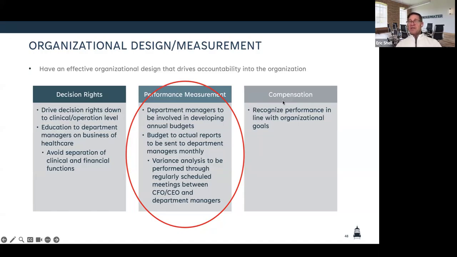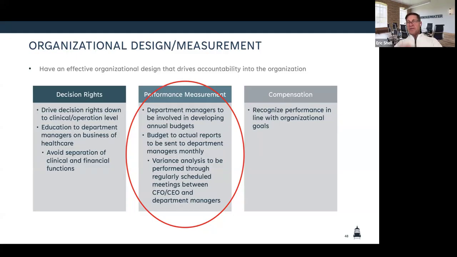One, in terms of compensation, we have to create a compensation system that rewards individuals for efforts that align with organizational goals. If all decisions were centralized, then we could just pay people a flat compensation, just straight salary, because their decisions aren't impacting the performance of the organization.